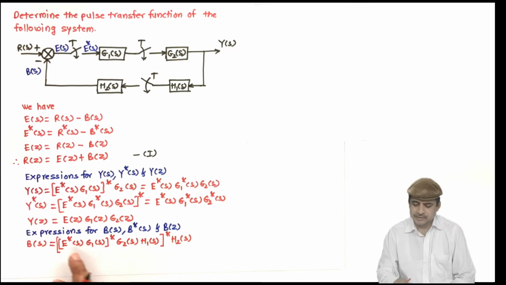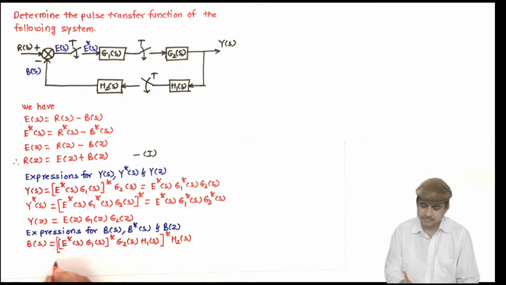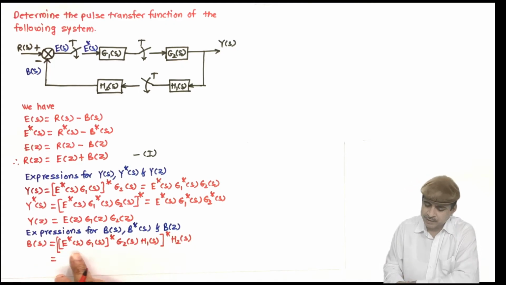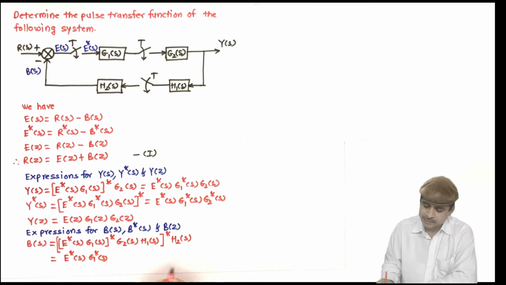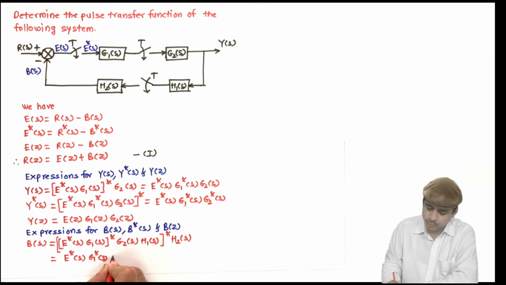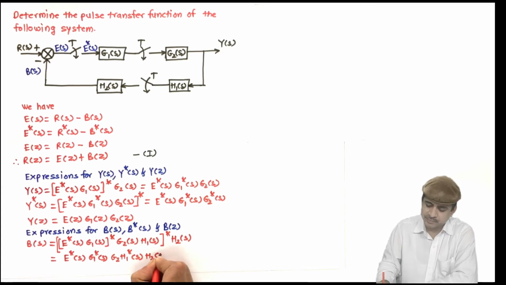So first let us resolve this and then take a star. If I resolve this, it is already E*G1* because of this: E*(s), G1*(s), again its star, so it will remain the same, into G2H1*(s) into H2(s).